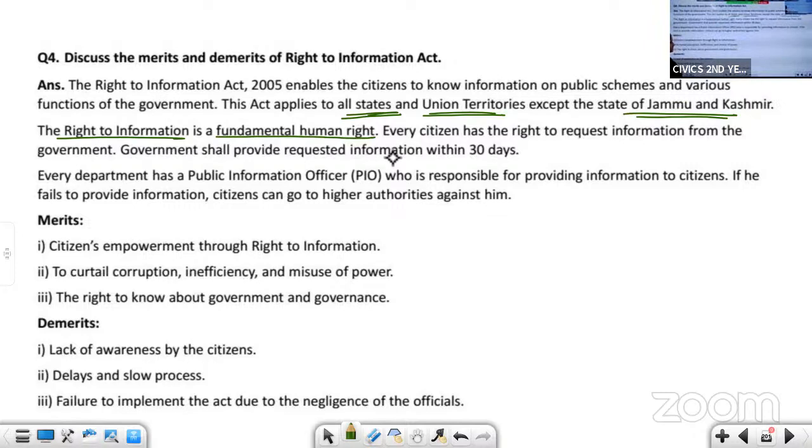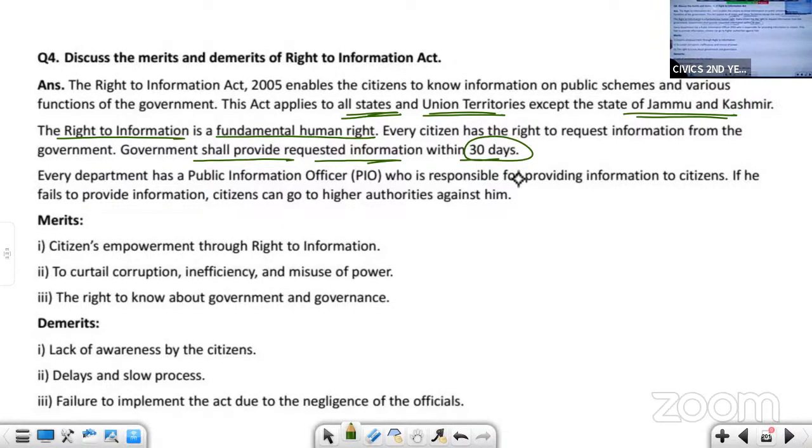Every citizen has the right to request information from the government. You can ask about anything from the government, and the government shall provide that information within 30 days.